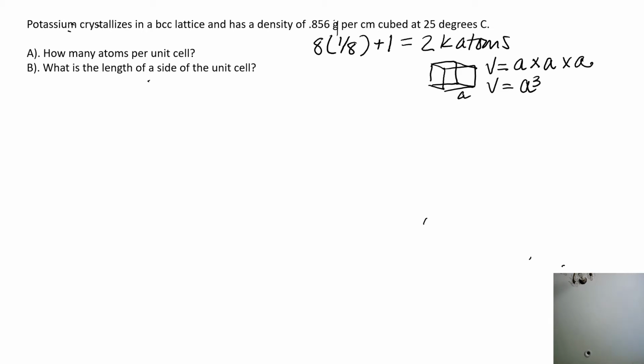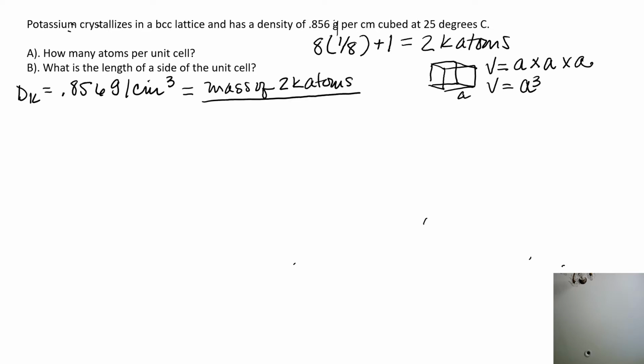Okay, so we are given the density of potassium, and it again is 0.856 grams per centimeter cubed. And that tells me that this also equals the mass of 2 potassium atoms divided by A cubed.